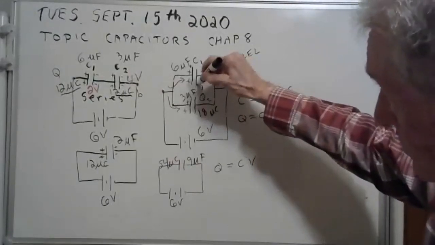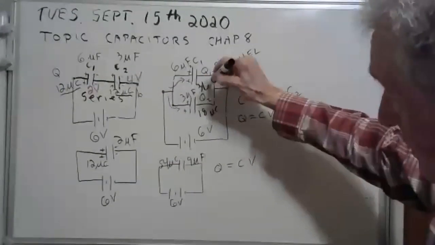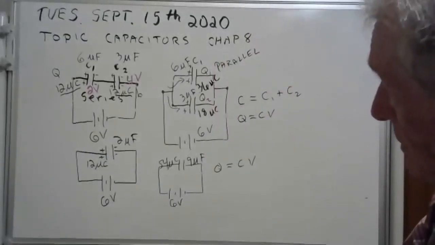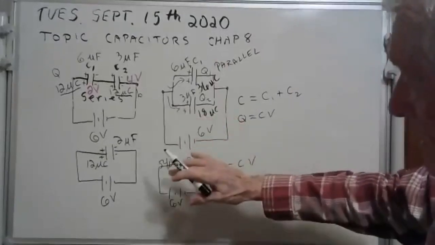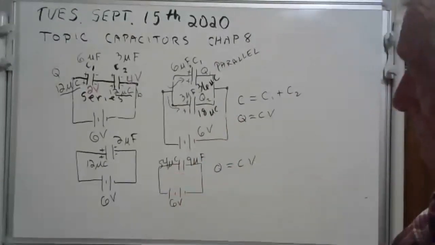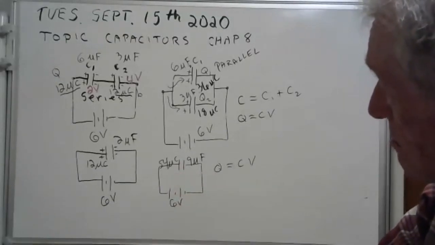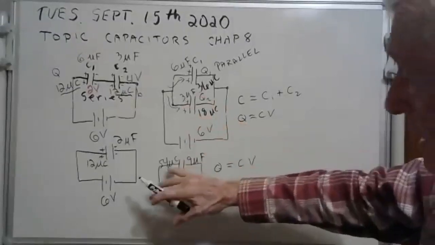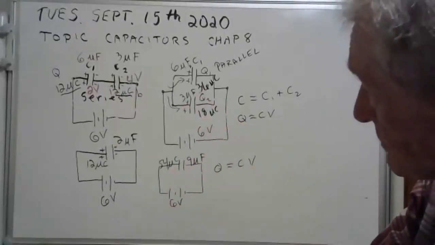I got 36 microcoulombs on this one. Now, does 36 and 18 add up to 54? By Jove, it does. 36 and 18 add up to 54.